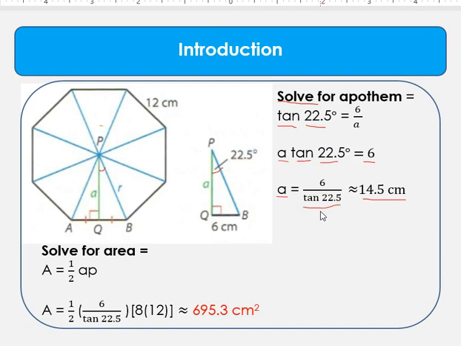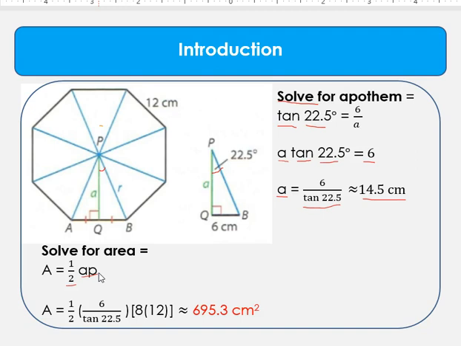So we now know what our apothem is, and we're going to use that to solve for area, which is the original intent of the problem. So we have our original formula. Area equals 1/2 AP. We have 1/2, and the apothem. Now we could put 14.5 in here, however it's approximate.